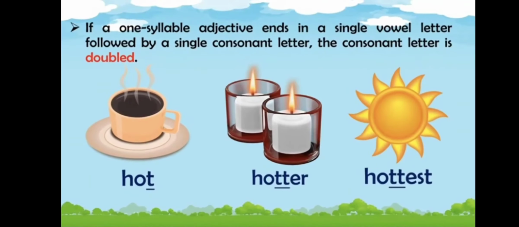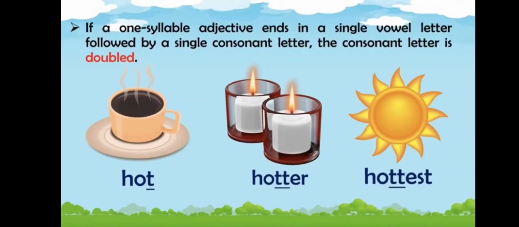Next, if a one syllable adjective ends in a single vowel letter followed by a single consonant letter, the consonant letter is doubled. It means whenever you have an adjective that ends with a consonant and before the consonant there is a vowel, then you will use a double consonant. Like here, hot, H-O-T, hot.